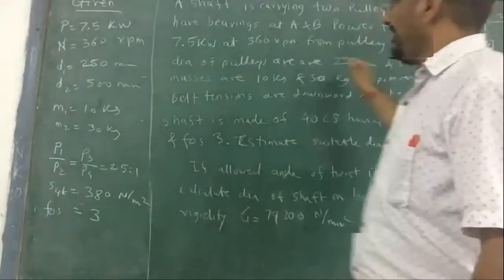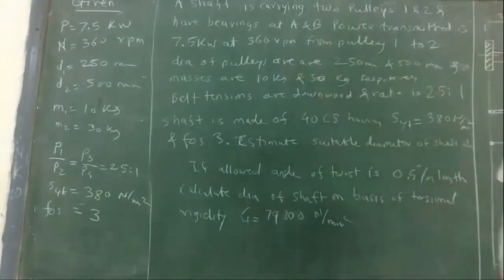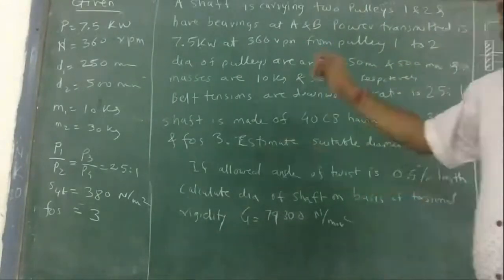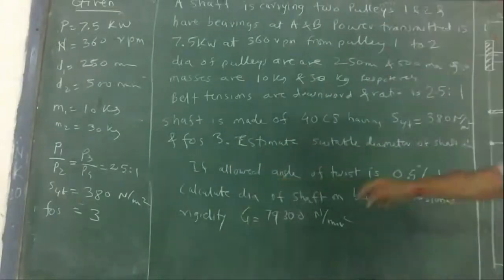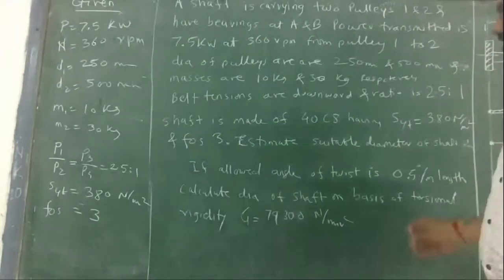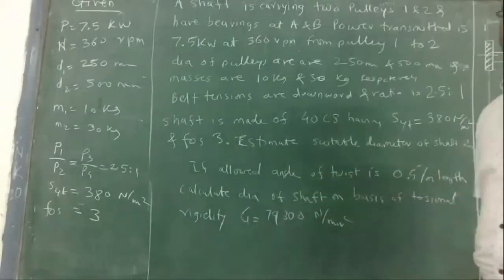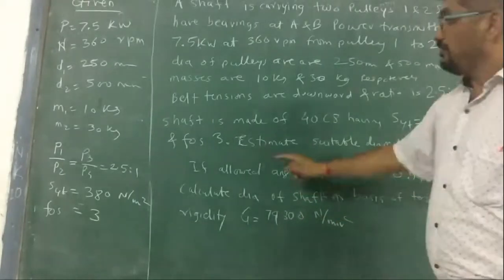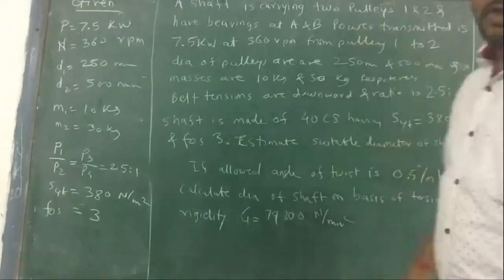I have noted down whatever information is given in the problem. The second part is design on the torsional rigidity basis with allowable angle. We will go through that also, but the theory is yet to be done. We'll do that in the next lecture. So we will design the shaft on the basis of all this information. How will we apply this?